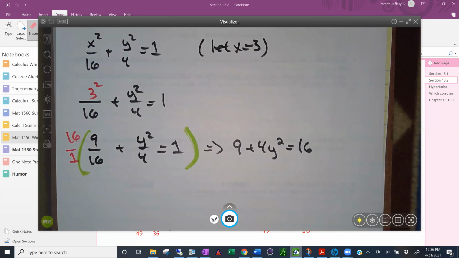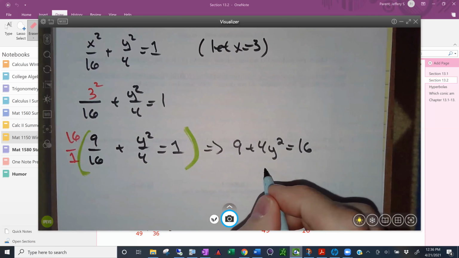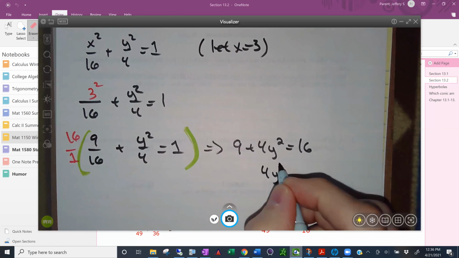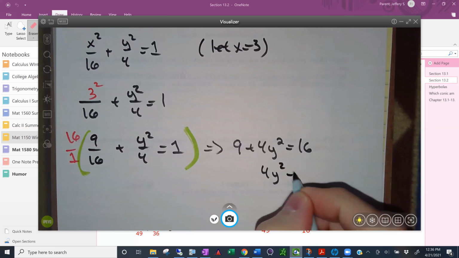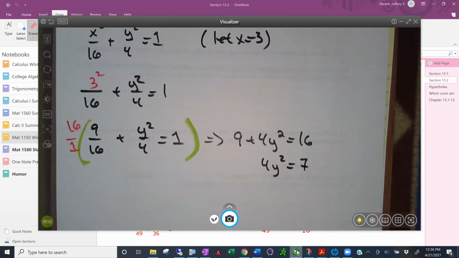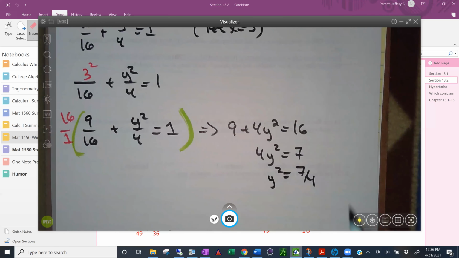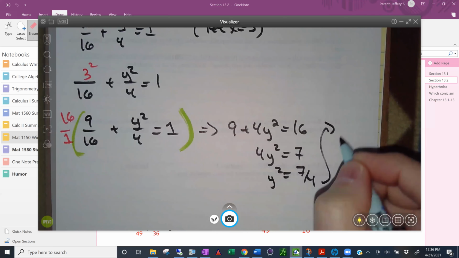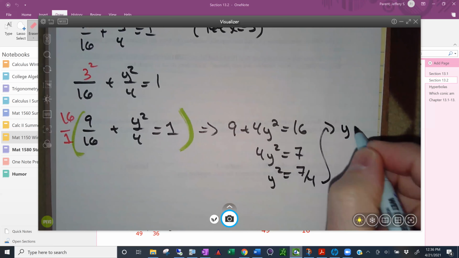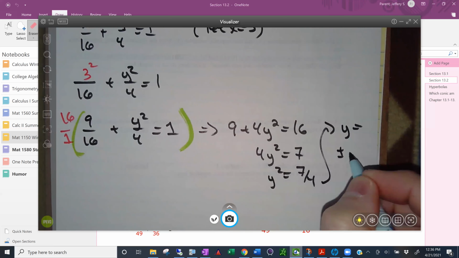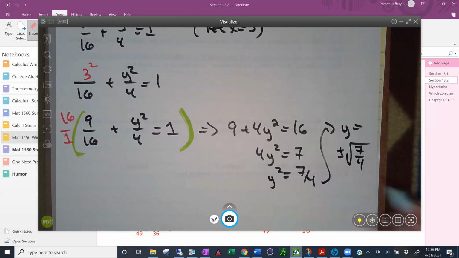So that's a little bit more user-friendly. Subtract 9 from both sides. Divide both sides by 4. And the most important part is to take plus or minus the square root on the right-hand side, square root of 7 over 4.